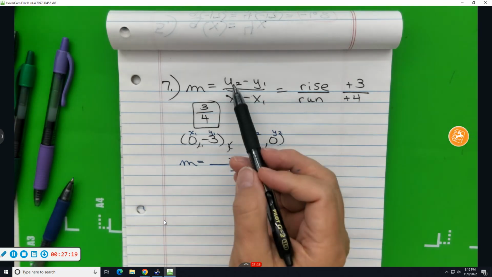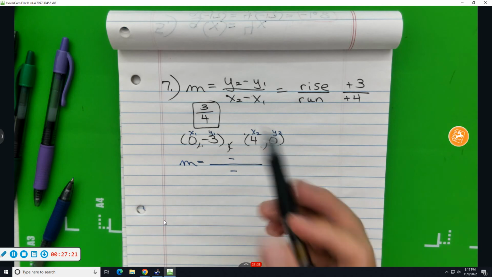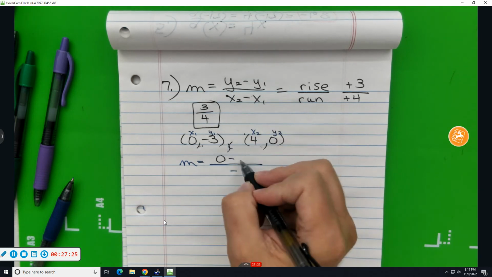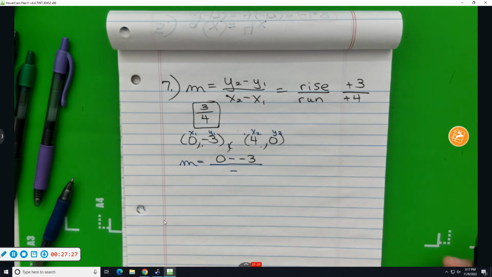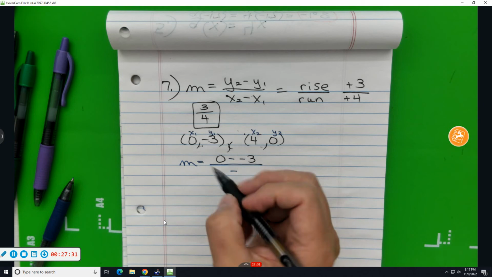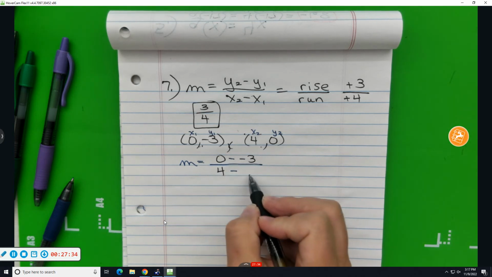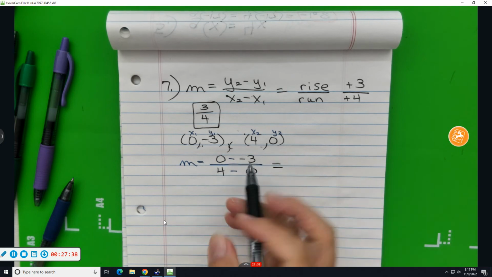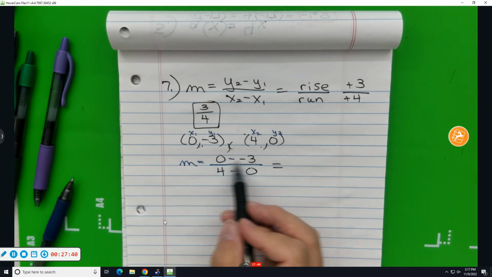So y2, the second y, is 0. The first y is a negative 3. Watch out for those double negatives. What would I have here? x2, 4. And here, x1, 0. I agree. Watch those double negatives. What's that about to become?